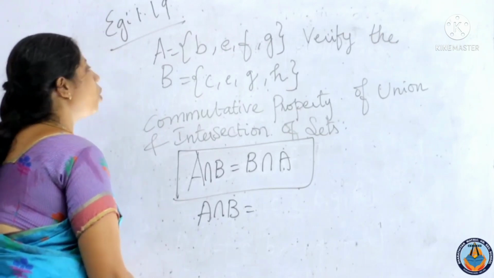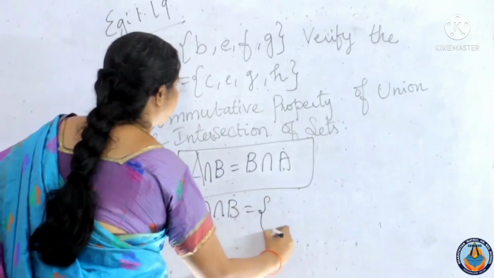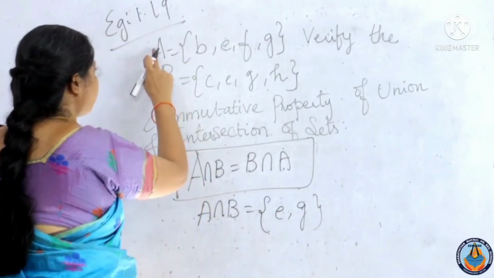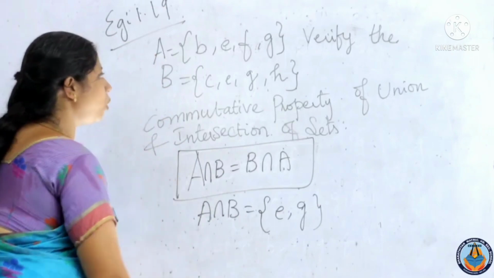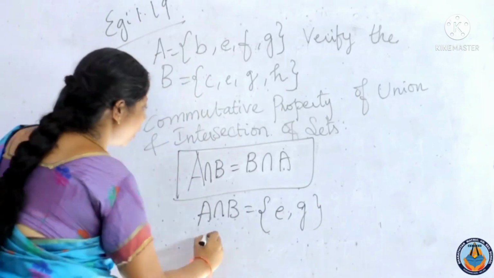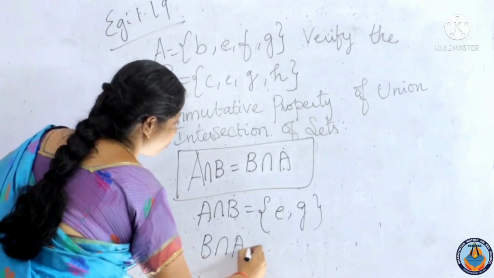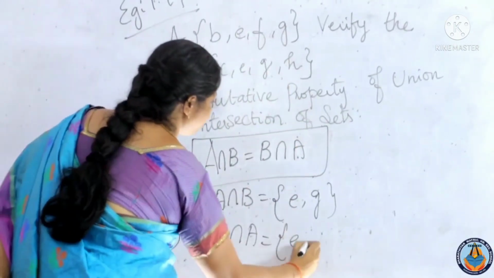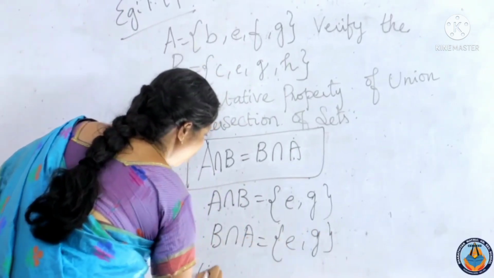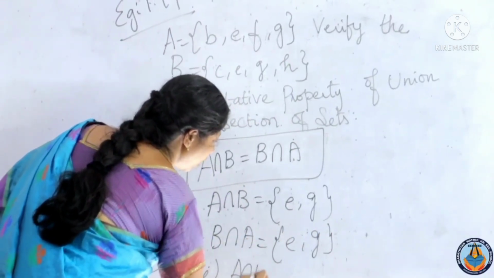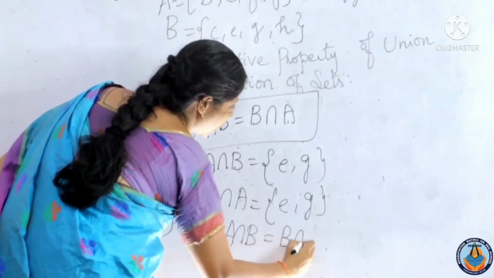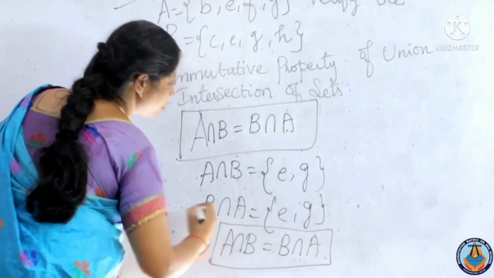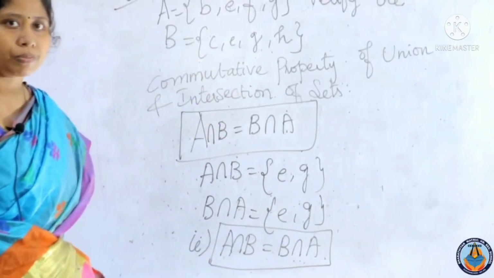You have to write common elements, E and G. For B intersection A, you have to write the common elements, that also E and G. Therefore A intersection B is equal to B intersection A. Hence the property is verified.